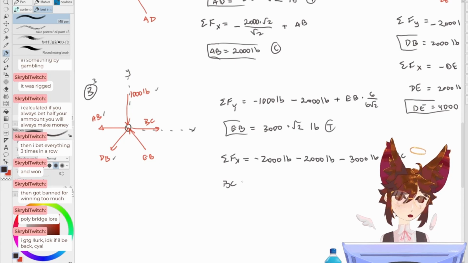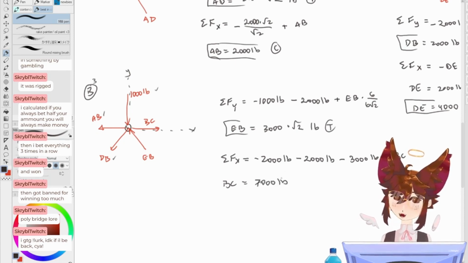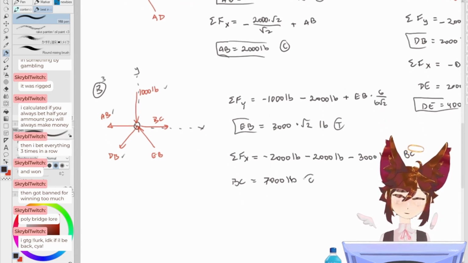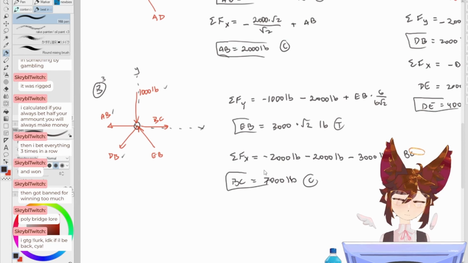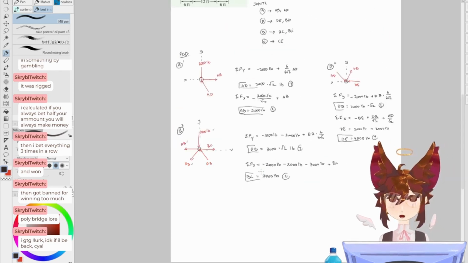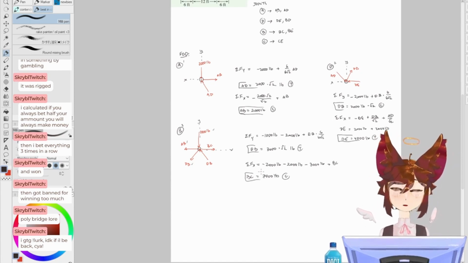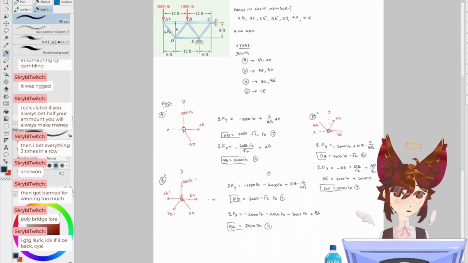So BC equals 7,000. Okay, 7,000 pounds, and it's pulling, so it's going to be in compression. Hey, the numbers don't lie. It makes sense, because all of them are at the same angles, so their forces should be kind of canceling out.